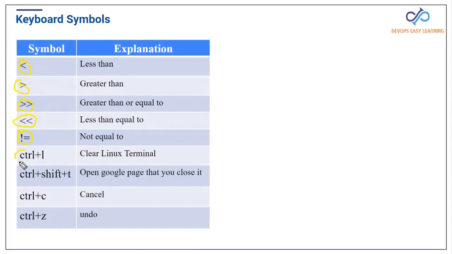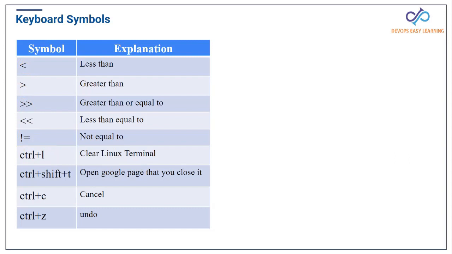And this is another combination here, Control and L. Control L in Linux means what? Clear a Linux terminal. I use this myself every single second when I'm working with Linux. Why?